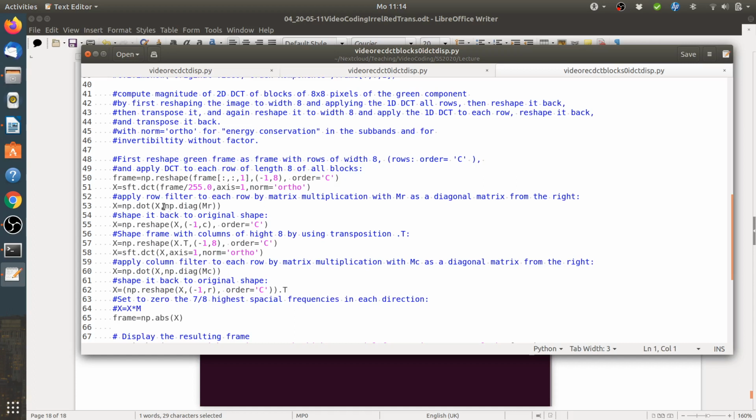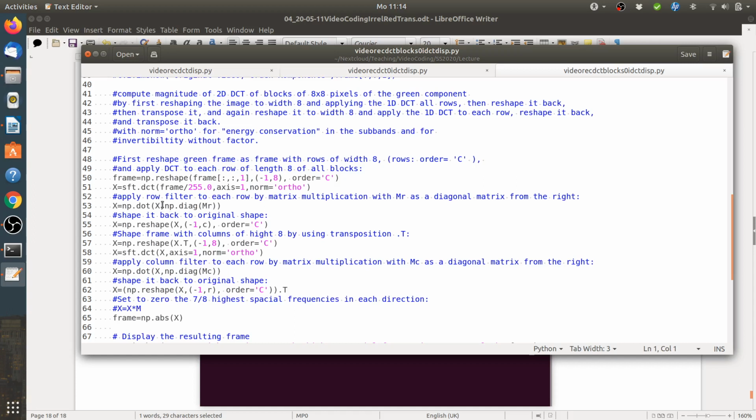If I multiply those rows with this diagonal matrix that contains my mask, it means I multiply element-wise, or for each row, with a corresponding entry of MR. I take the first row, the low frequency row, and multiply it with the 1 at the beginning of MR. Then I take the second row and multiply it with the second entry in MR, which is also 1.